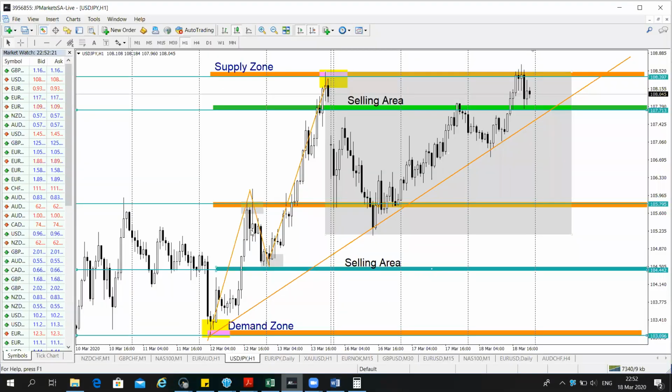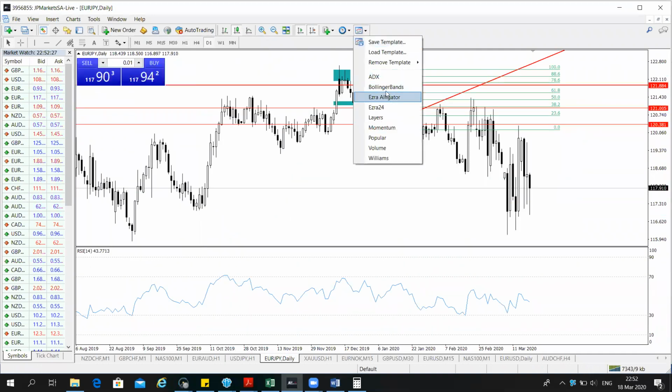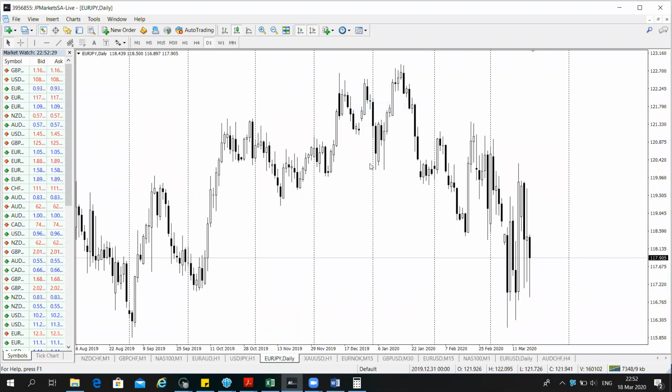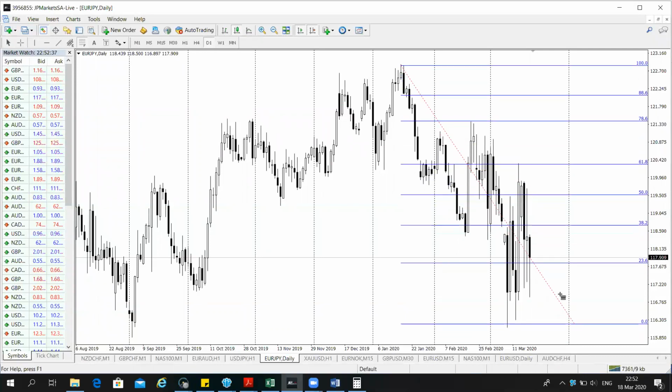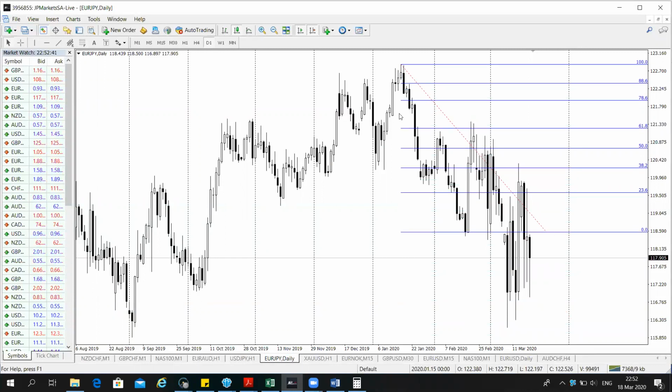So basically, these are the levels. Let me go to another chart. On a daily chart, I can draw Fibonacci from the top to the bottom, all the way here, or all the way there, just to allow the trend line break to kick in. How do I identify my levels?